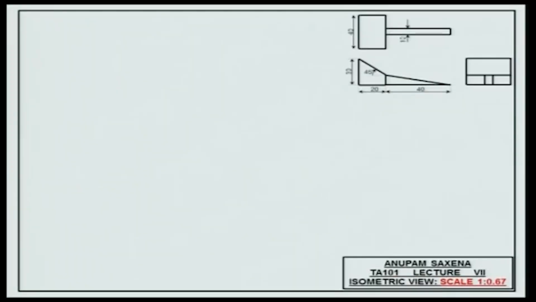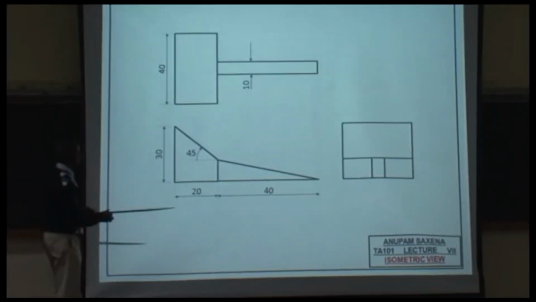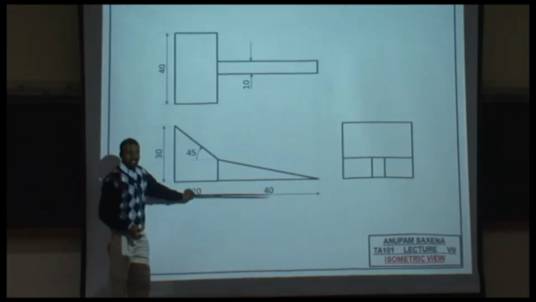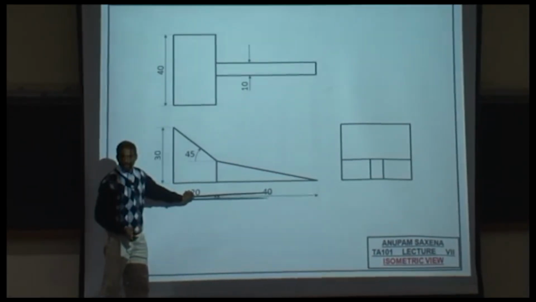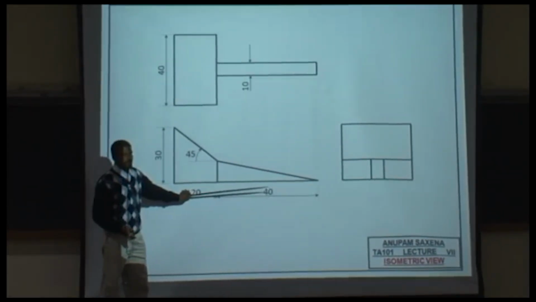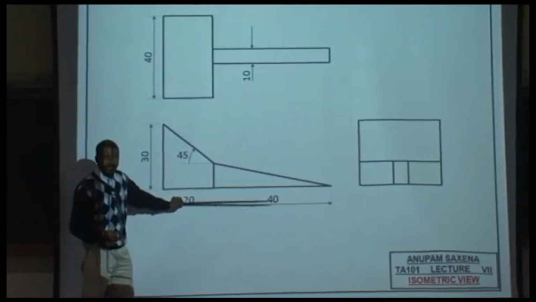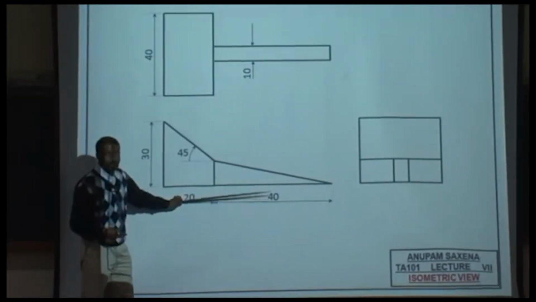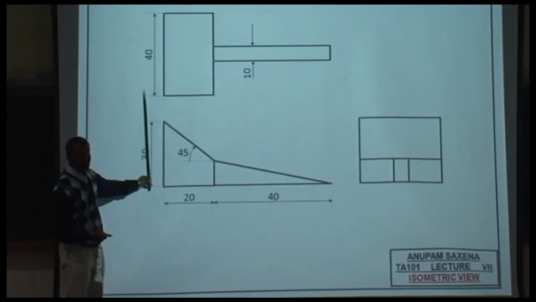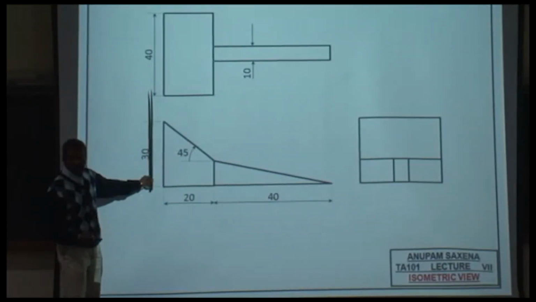All right, so last time we were doing this example. Let's redo this again. At this time, let me say that this is the length direction of my object. So stay with me here, okay? Let me say that this is the length direction of my object. Let me say that this is the height direction of my object.